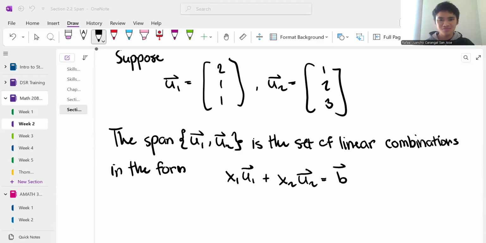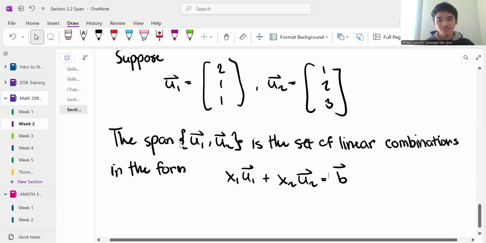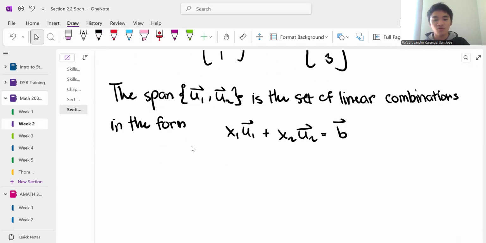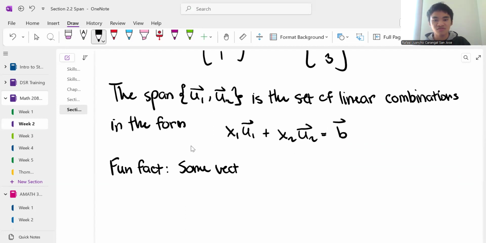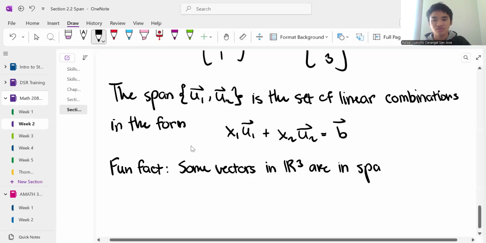Here's something I'd like to point out: some vectors in R3 are in this span, while some are not. A fun fact. Some vectors in R3 are in the span of the set of these two vectors, while some are not.